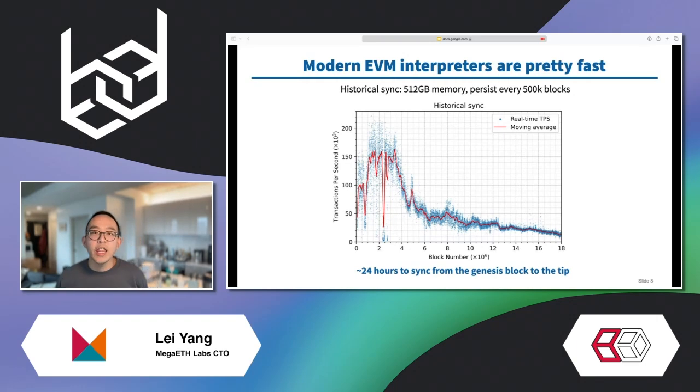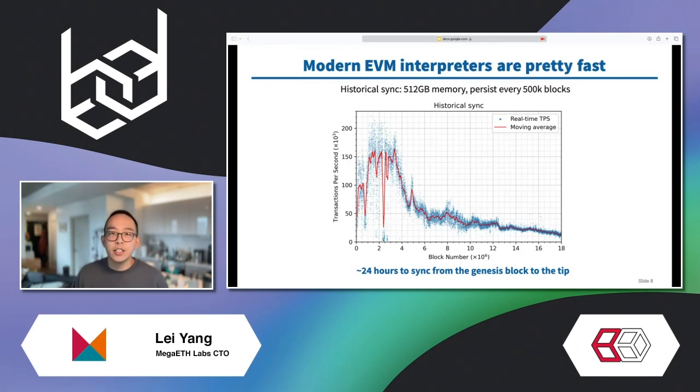Recall that Reth has two tasks, execution and merkleization. Here, first, we only focus on execution. In the first experiment, we run historical sync with all 512 gigabytes of memory available, and we use a batch size of 500,000 blocks. In other words, we store new states to the disk very infrequently, and we also update the Merkle tries very infrequently.